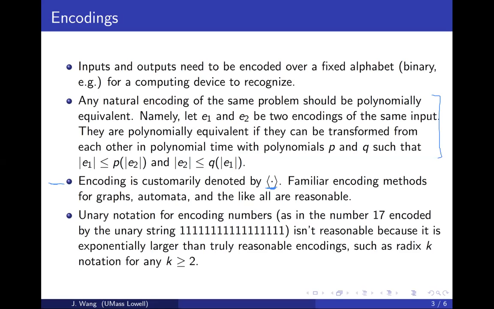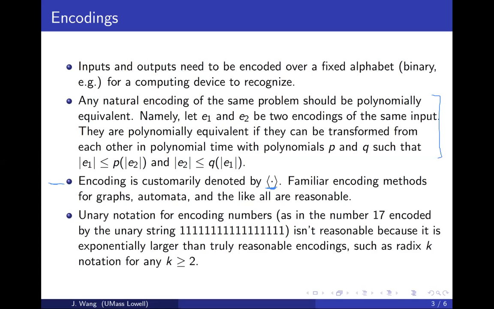Familiar encoding methods for graphs, automata, and the like are all reasonable. For instance, we can use ASCII code or Unicode.